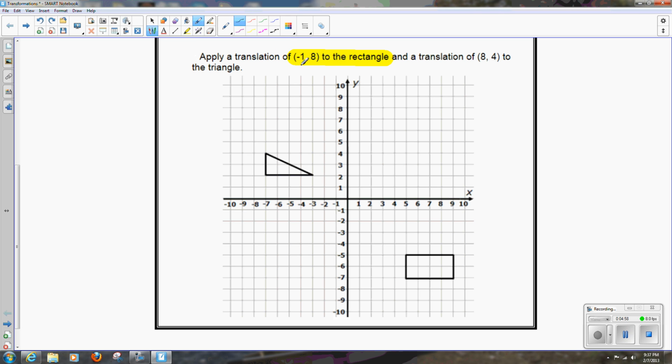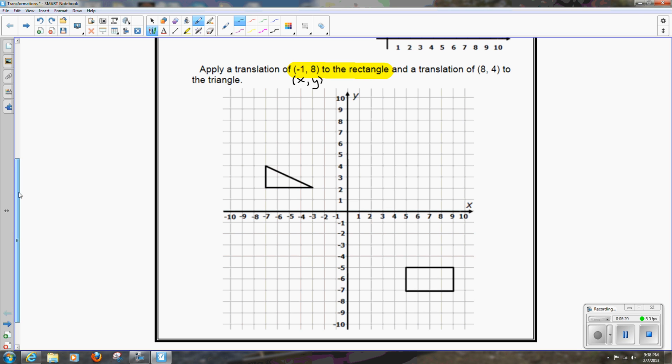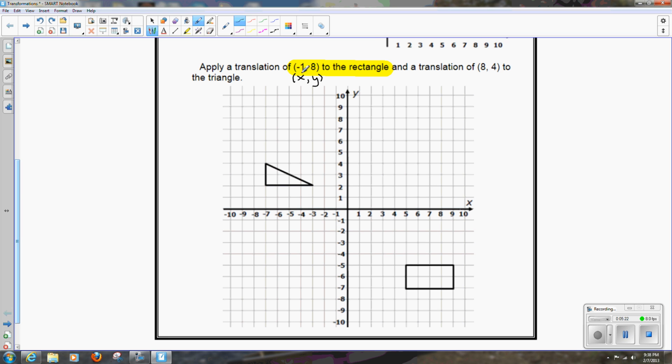All right, well, you know that in -1/8, -1 is the x value, and 8 is the y value. So what they're giving you there are the left, right, and up and down movements in the x and y axes. So the -1 means that I want the x value to decrease by 1.